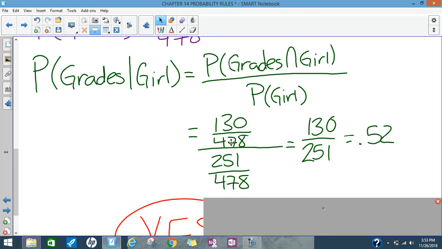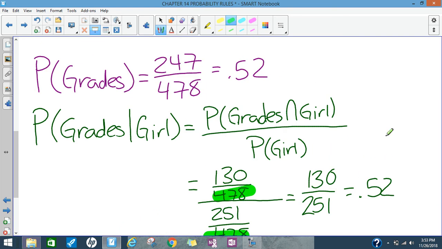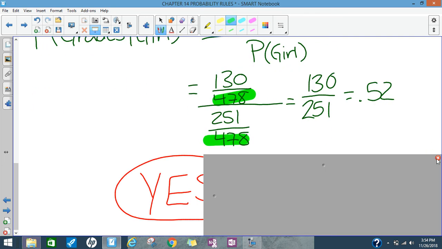When we have these two fractions, the denominators cancel, and we get 130 over 251, which is approximately 0.52. Since both of these probabilities are almost exactly the same, we did a little rounding, that means that wanting to get good grades the most in school and being a girl are independent of each other. One does not influence the other.